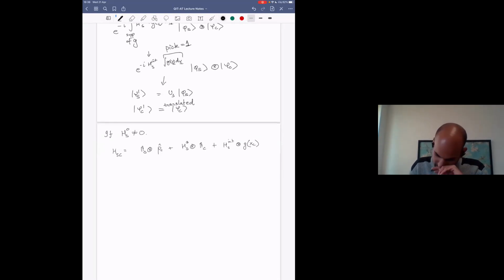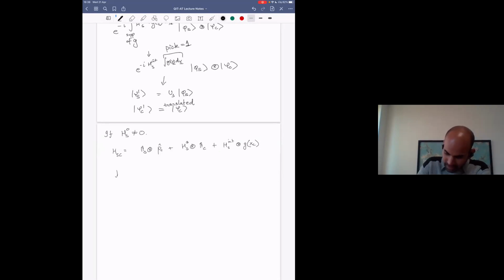You can do the same analysis as before, evolving by a Schrödinger equation, taking the state of the system and clock as the clock passes through this potential.